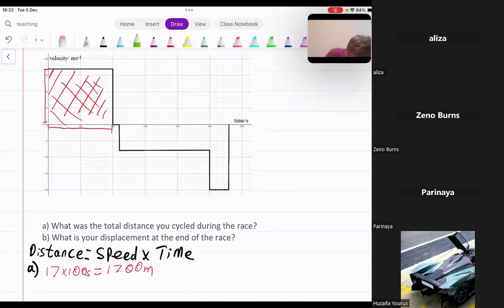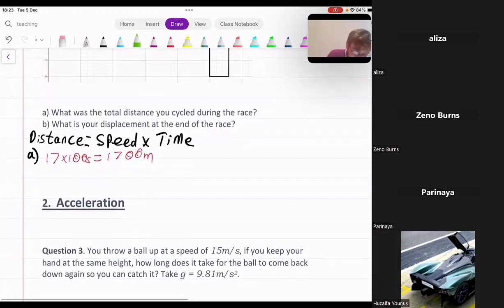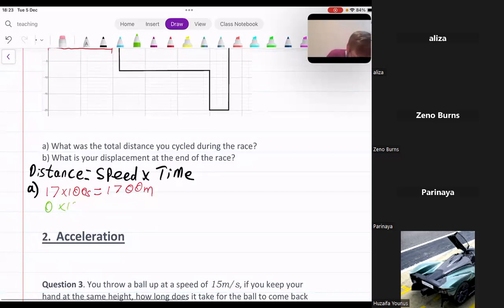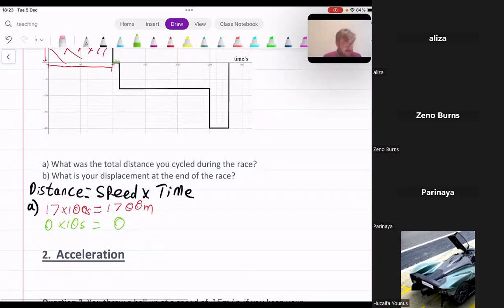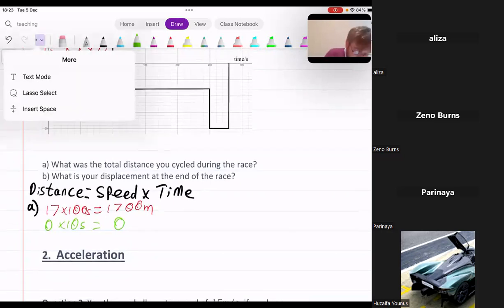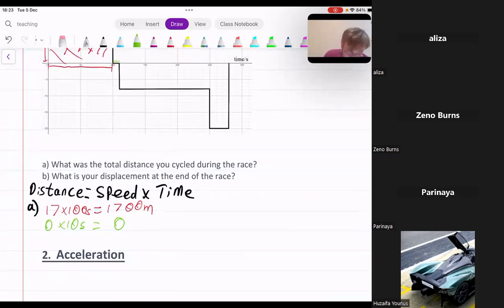This is only 10 seconds where you have to turn around. I'm going to do little lines, even though there's not really an area there. This next section, we did 0 meters per second times 10 seconds. Well, you didn't travel any distance in those 10 seconds.